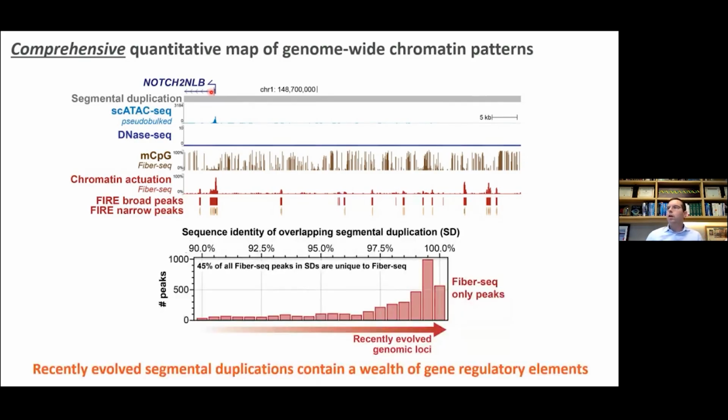If you actually look across all of these segmentally duplicated regions of the human genome, which are some of the areas which really make us unique as humans versus other primates, we're seeing a whole host of regulatory elements which have previously been hidden from prior sequencing approaches like ATAC-seq or DNase-I-seq, really emphasizing the ability of using a long-read-based chromatin approach for getting at more of the genome, which we really want to go after in terms of these core questions in human biology and evolution.